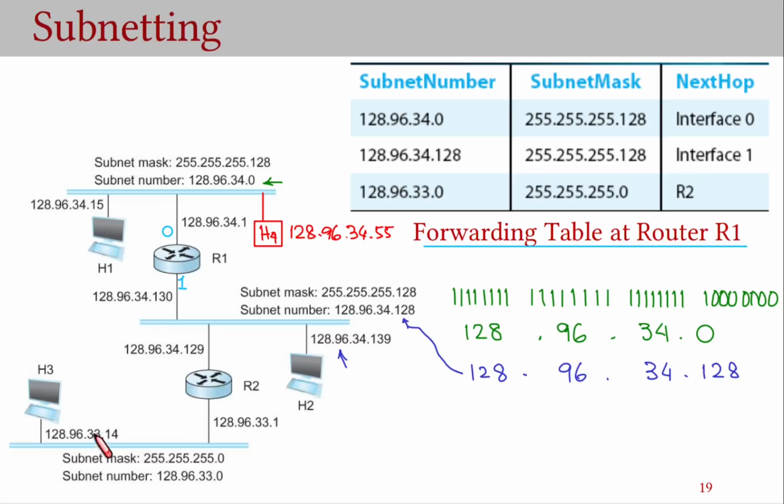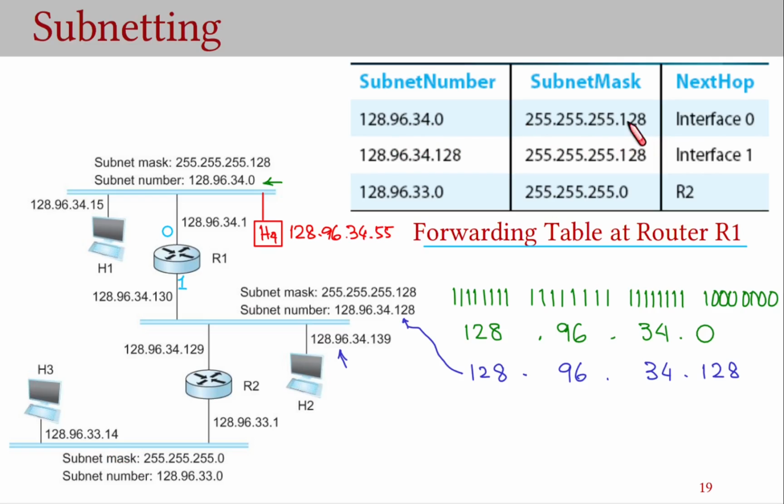Now let's look at one more example. Suppose there is a datagram that arrives at R1 with the destination IP address of 128.96.33.14. And it's going to apply the first subnet mask, 255.255.255.128. It's going to give it subnet number 128.96.33.0 because it's 14, and that does not match, right? So the first entry is a subnet number where the third byte is 34, and this is going to give 33, right?